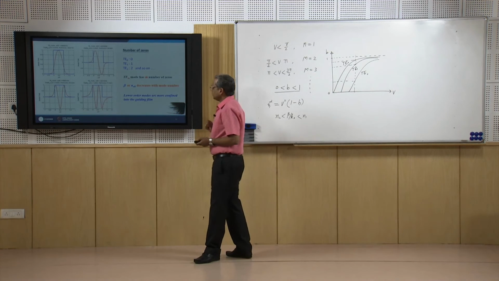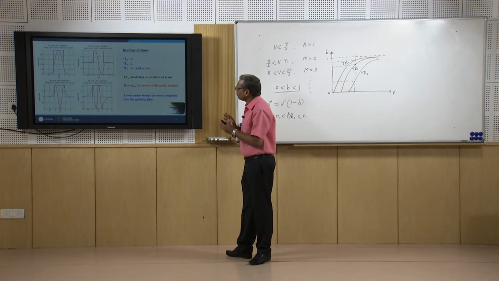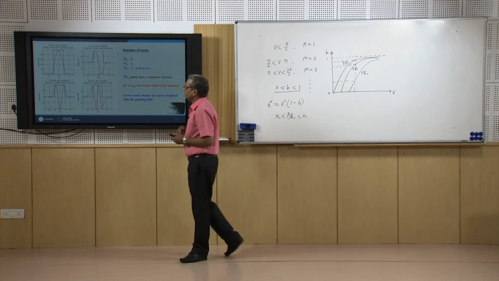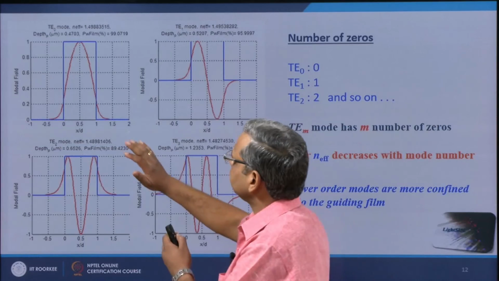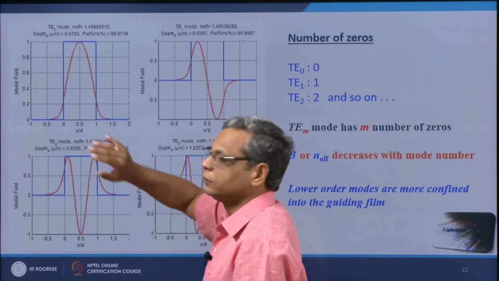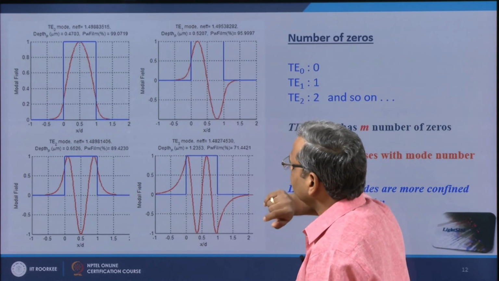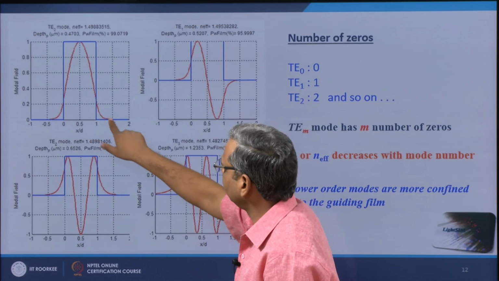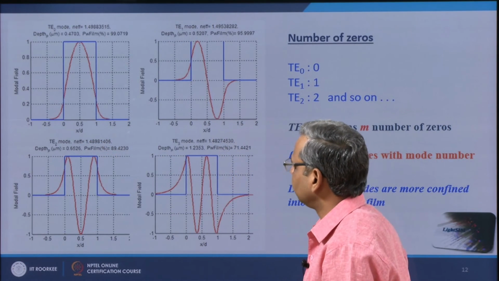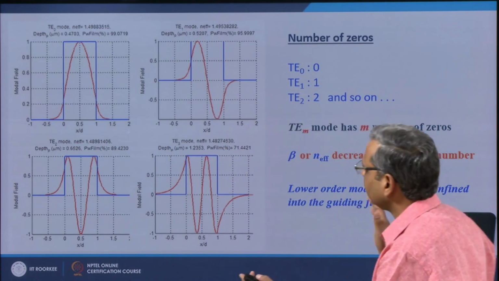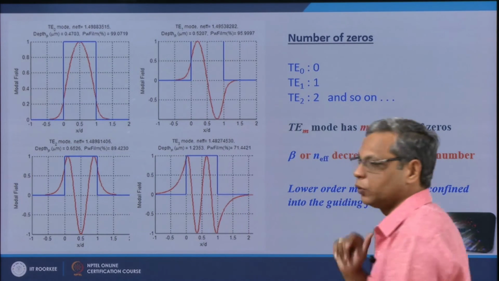So, the propagation constant decreases as the mode number increases. I also see that the lower order modes are more confined into the guiding film. You can see that TE0 mode has more power here, and the tail into the N2 region is smaller, but as I go to higher order modes, this tail extends more and more.